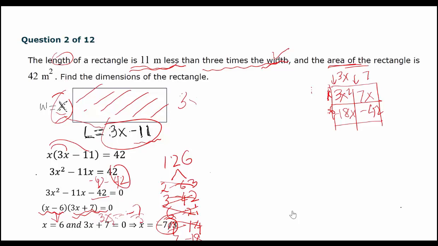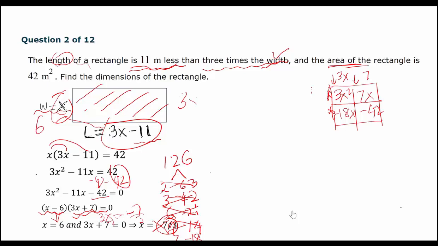Now, since we are talking about length and width, that cannot be a negative number. So this will not be an answer for us. The answer will be x equals 6. We will only take the positive answer, and x was defined for the width.